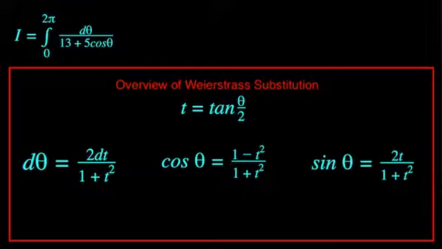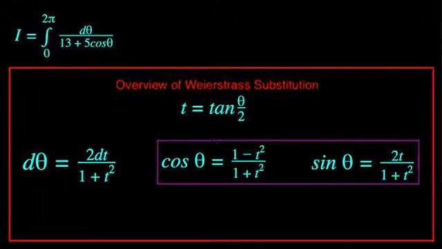But before I forget, if you've tried to commit the sine and cosine formulas to memory, you might get tripped up on which t expression belongs to which. You can't have yourself thinking that sine theta is equal to 1 minus t squared over 1 plus t squared, when in fact it equals 2t over 1 plus t squared.